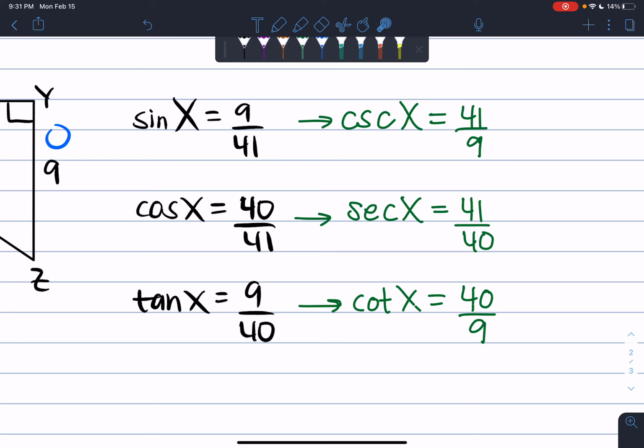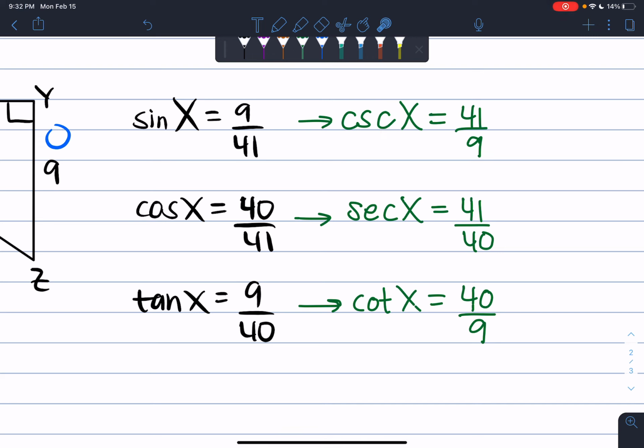Now, identifying that cotangent is the reciprocal of tangent is pretty straightforward because cotangent has the word tangent in it, so you're like, oh, okay, I see how these two could be related. But a lot of times people will mistake cosecant for secant and vice versa.